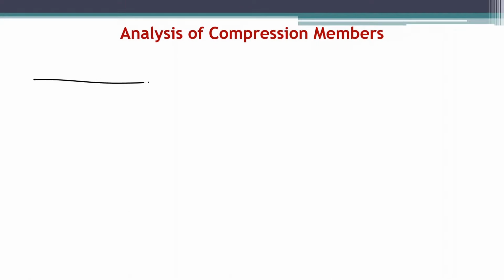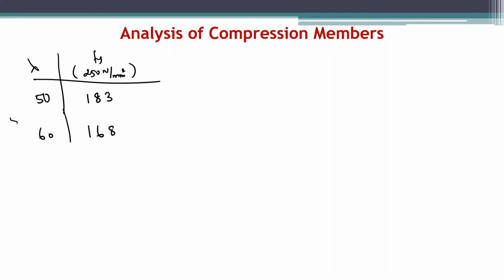Let me write the table here. The yield stress is 250 Newton per mm square, and for slenderness ratio 50 the design compressive stress is 183. For 60 the design compressive stress is 168.